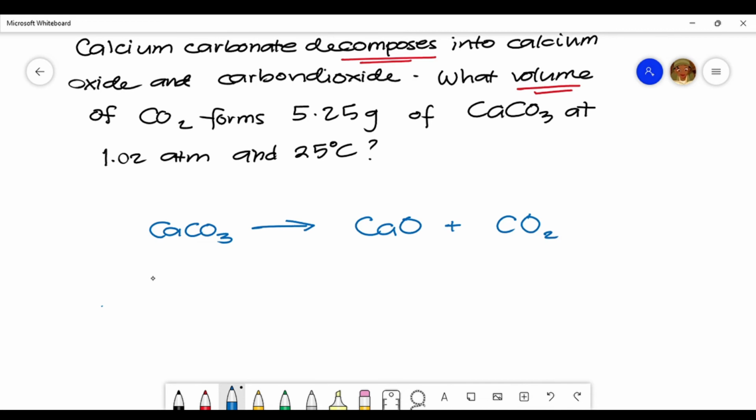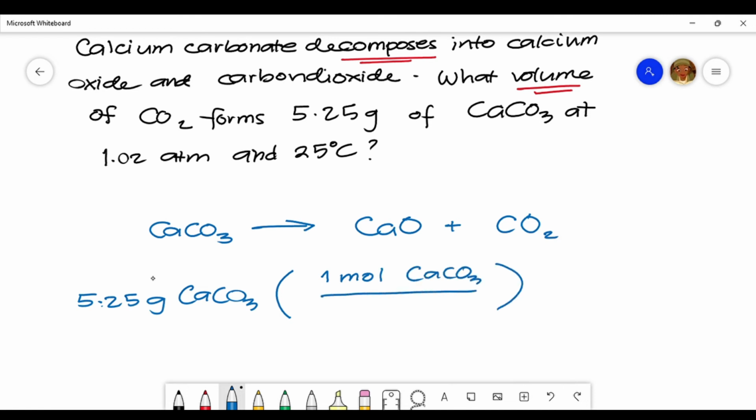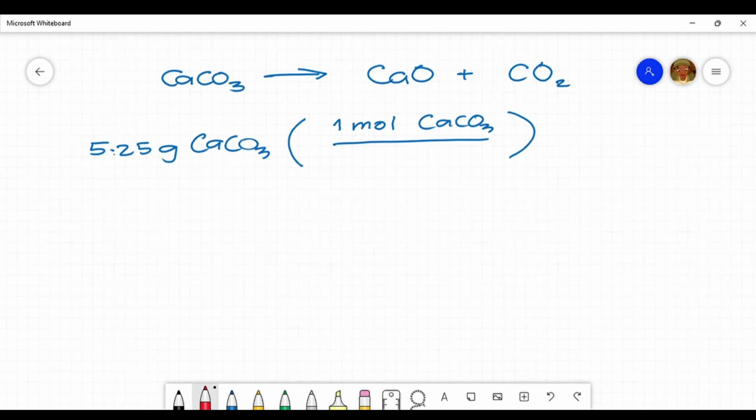So we have the given 5.25 grams of CaCO3, calcium carbonate. Then, in order to get the mole from the gram, we solve for the molar mass first. So we know that 1 mole of CaCO3, let's solve for this manually.